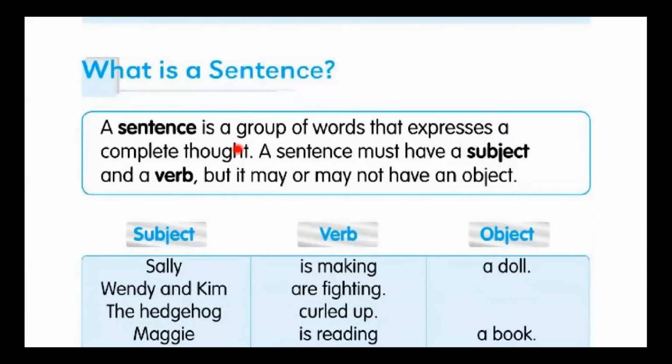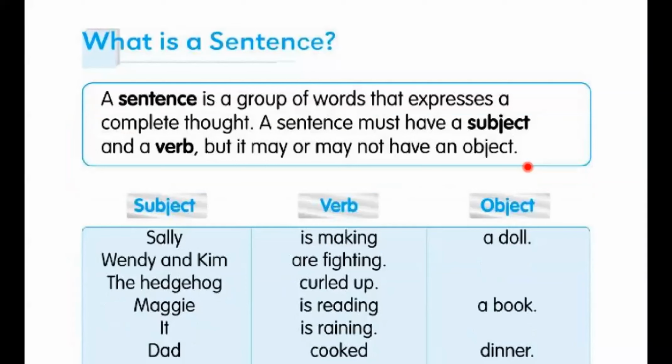A sentence is a group of words that expresses a complete thought. A sentence must have a subject and a verb, but it may or may not have an object. So what it is stating over here is that a sentence is a group of words that expresses a complete thought.